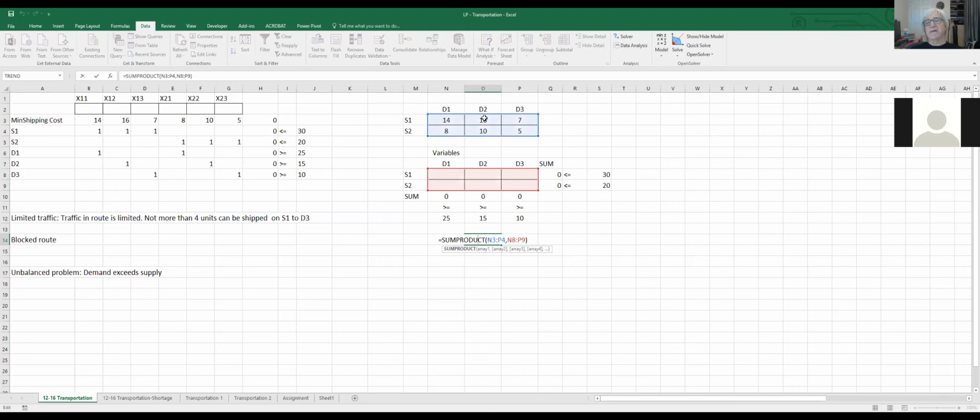Enter the first matrix and comma. Enter the second matrix and close parentheses. Do not press F4 like we did here to fix the values of the variables. We don't need it here because you use SUMPRODUCT once in the whole model.